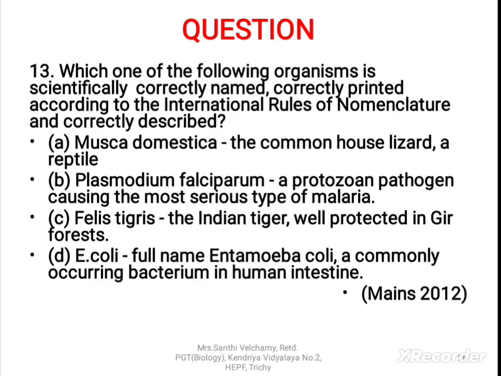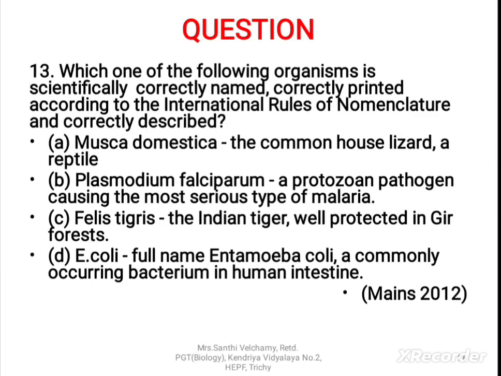13th question. Which one of the following organisms is scientifically correctly named, correctly printed according to the International Rules of Nomenclature and correctly described? A. Musca domestica, the common name of house lizard, a reptile.